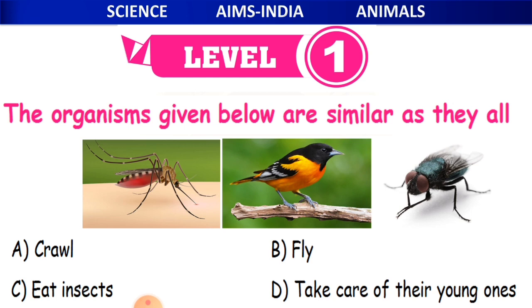The organisms given below are similar as they all dash, like what do they all belong to, or what is their feature? Okay, what organisms are there children? They are all animals. No, these are similar, they are all the same. Why are they the same? That we have to identify from the options.